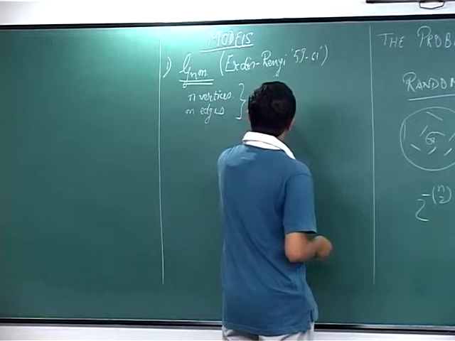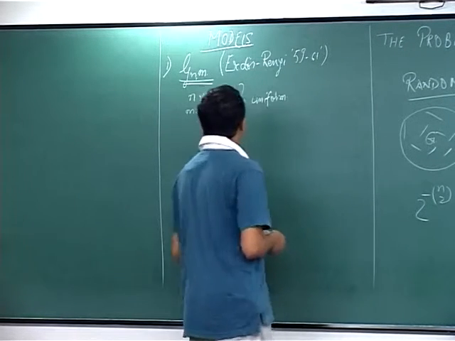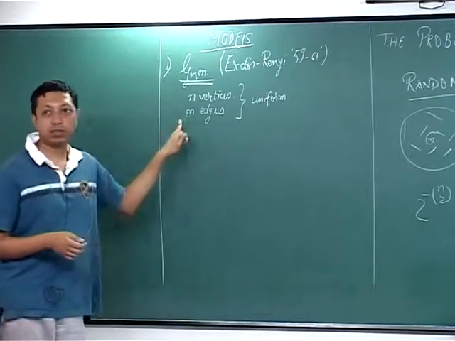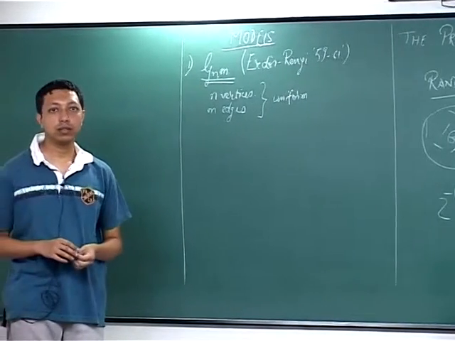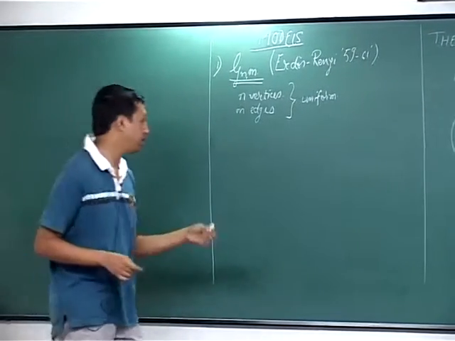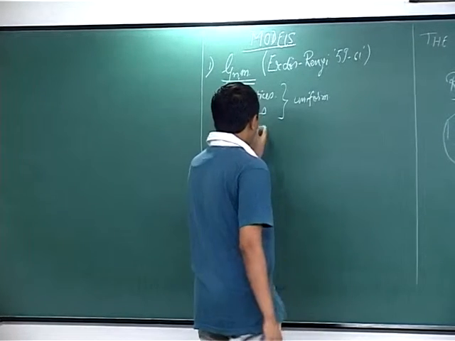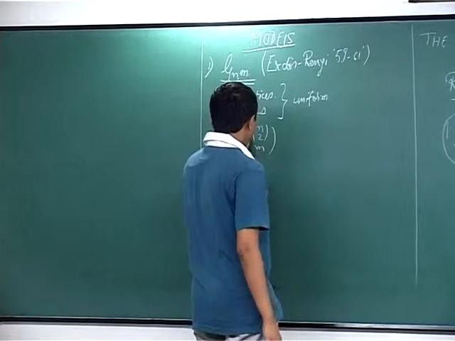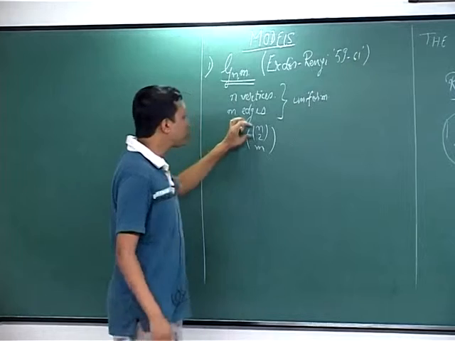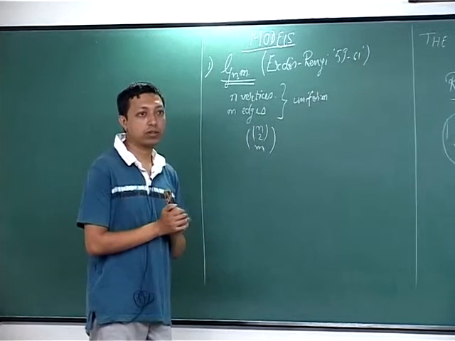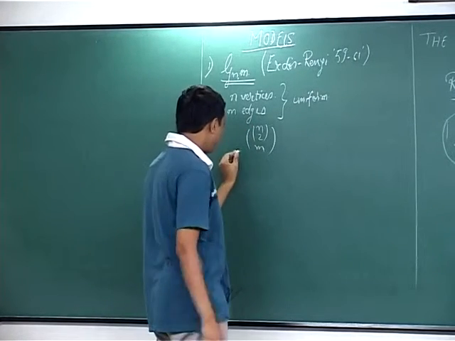So how many graphs do you have which have n vertices and m edges? Any idea? Yeah, that's right. N choose 2, choose m. So you have n choose 2 possible edges and you choose any m edges.